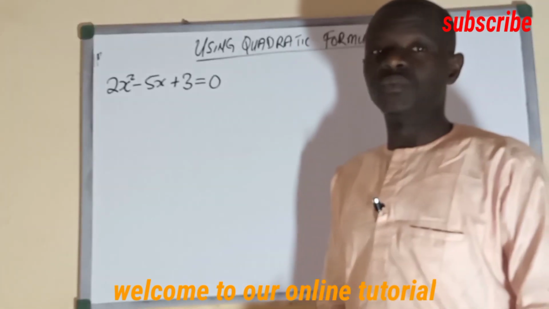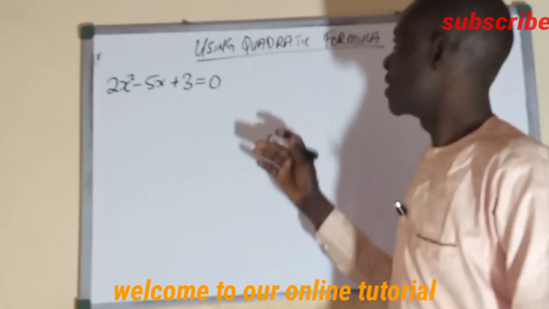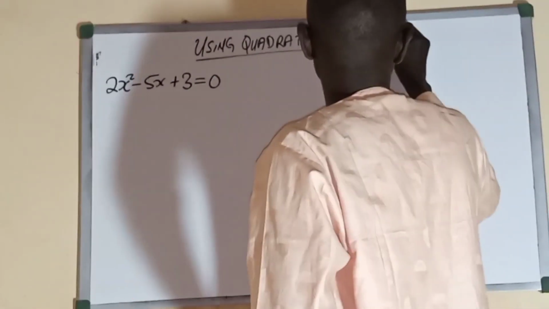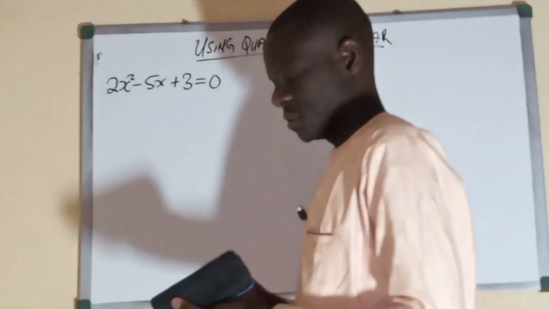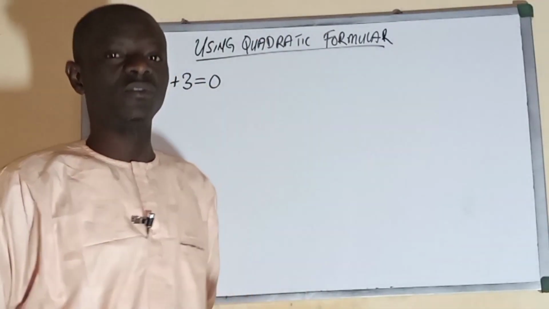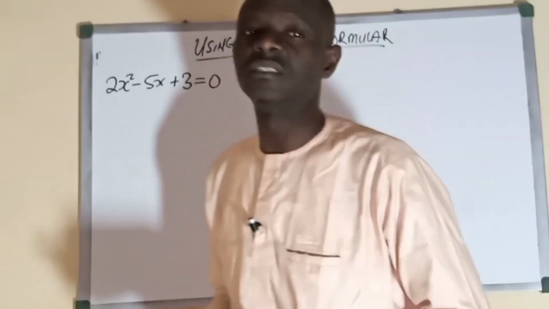Today we are going to see how we can use a quadratic formula in solving quadratic equations. In our last videos, we have seen how we can factorize or use the method of completing the square to solve quadratic equations.